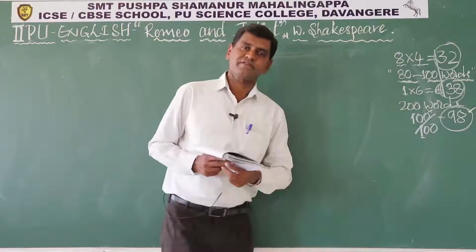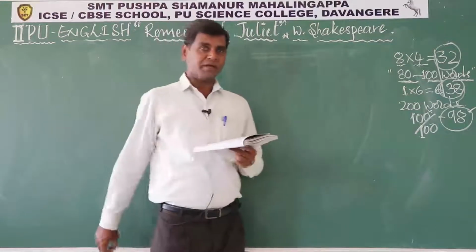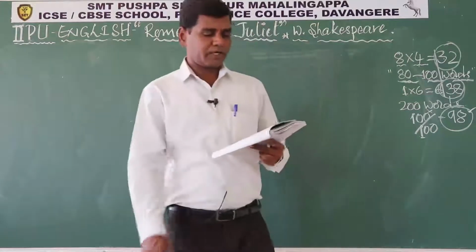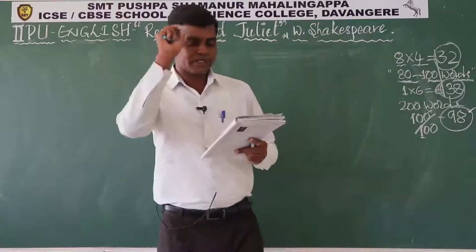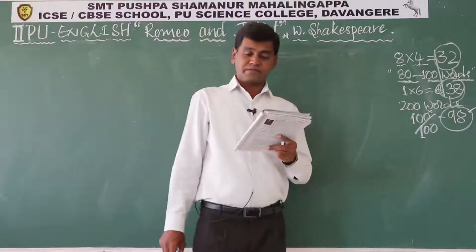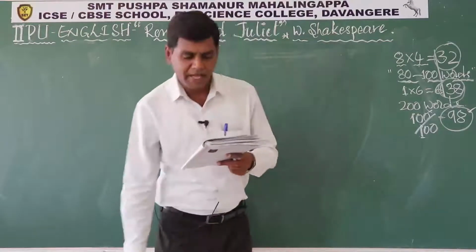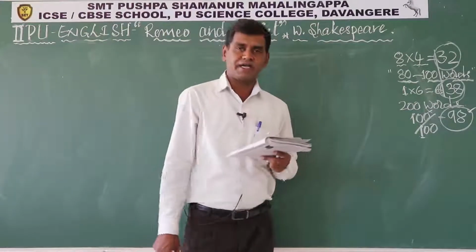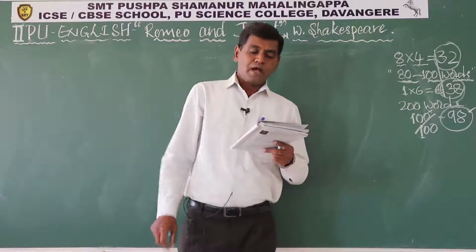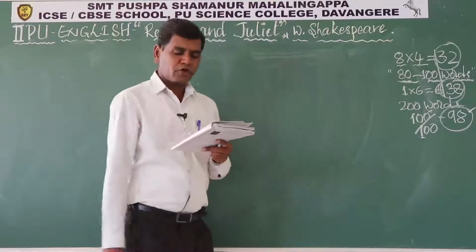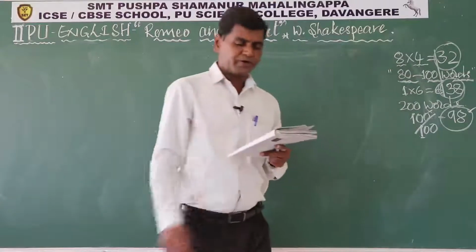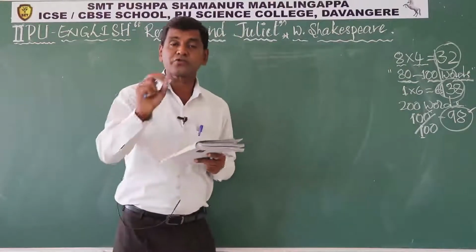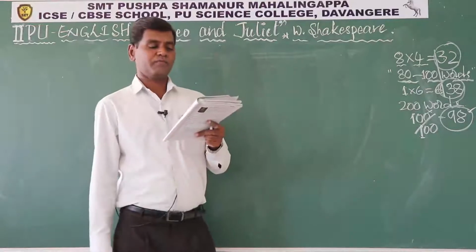Now, I'll just read it once, the dialogue of Romeo. Oh, she doth teach the torches to burn bright. It seems she hangs upon the cheek of the night, as a rich jewel in an Ethiop's ear, beauty too rich for use, for earth too dear.